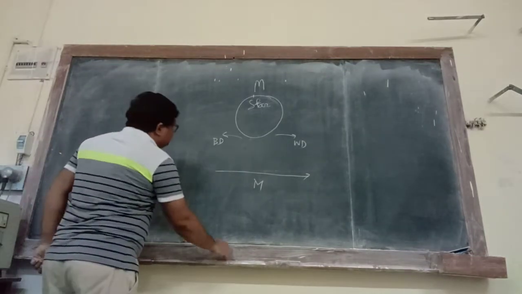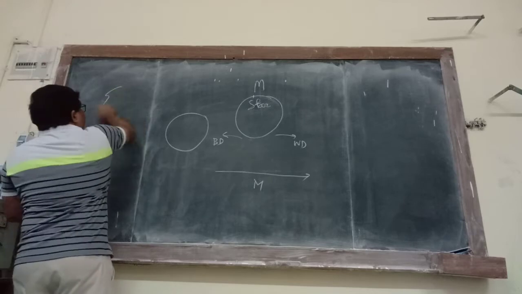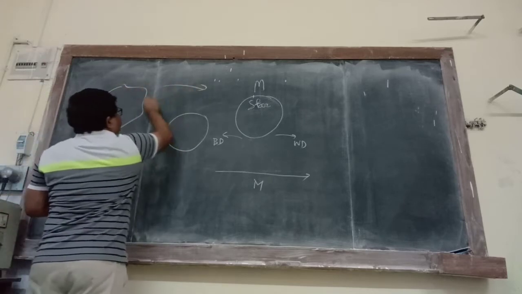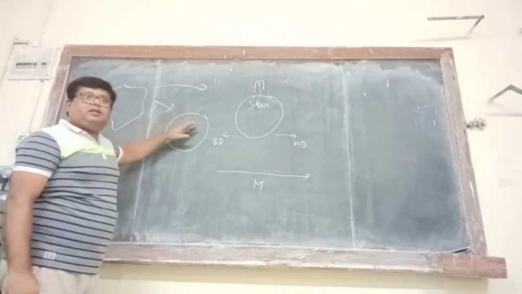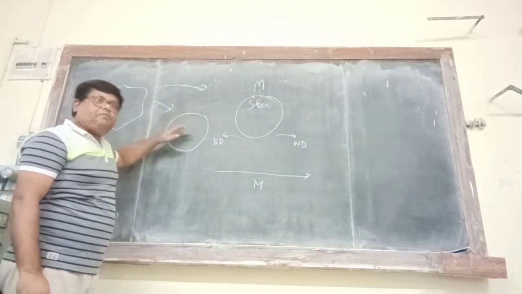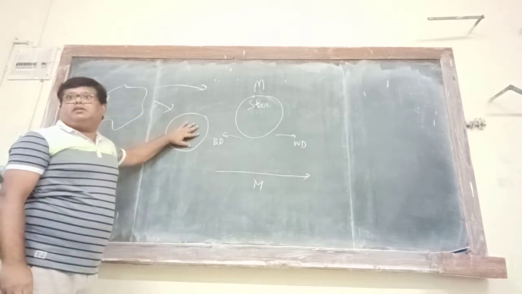So what will happen is that if the cloud is collapsing, before the temperature rises, it happens that the electrons become degenerate.